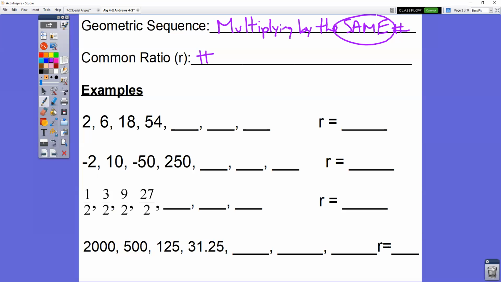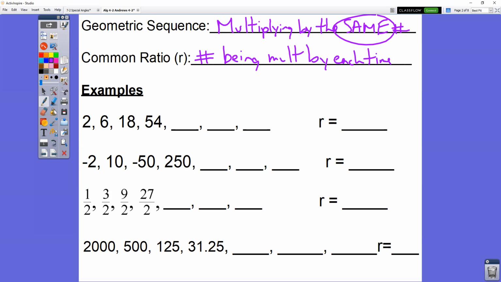And the common ratio is the number being multiplied by each time. So just like the common difference was the number that was being added or subtracted each time, the common ratio, your R value, is the number being multiplied by each time.